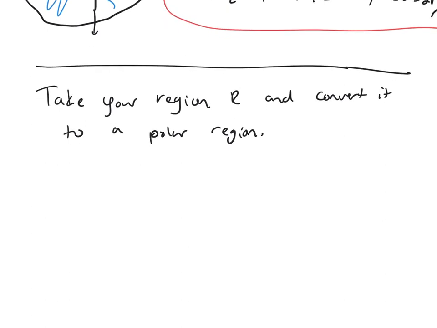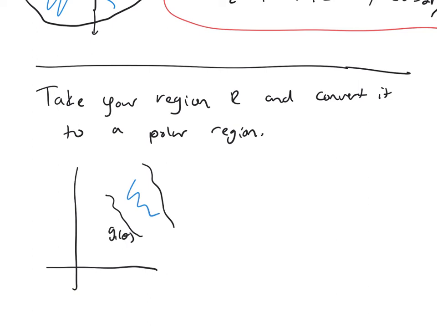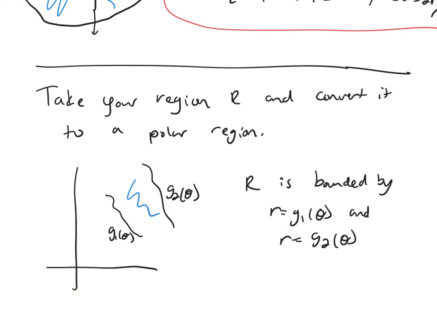Now, part of your region is going to be bounded between two functions, maybe of theta. r is bounded by them, and you're going to have some fixed values on theta. So you're looking at theta between an alpha and a beta.